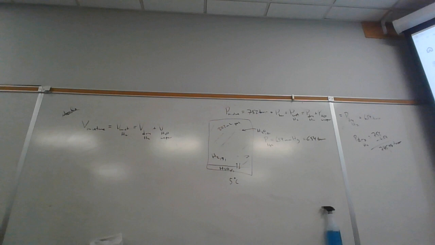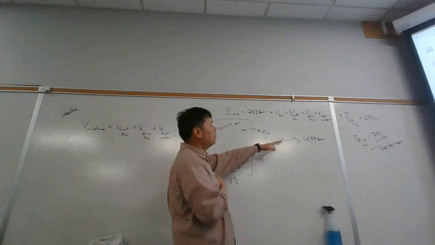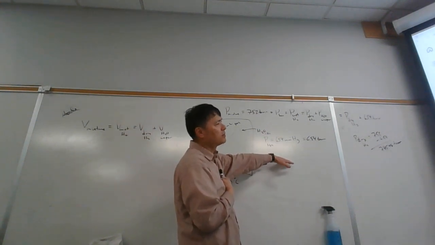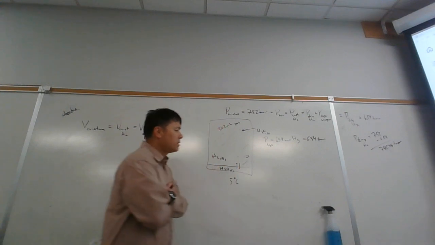Oh wait, no, that's not a direct conversion, right? Do we have to use the ideal gas law? Actually, we could use the ideal gas law, because we have all the information here to figure out how many moles of hydrogen we have. Did they give us the temperature? Yeah, 5 degrees C. So we could use the ideal gas law.